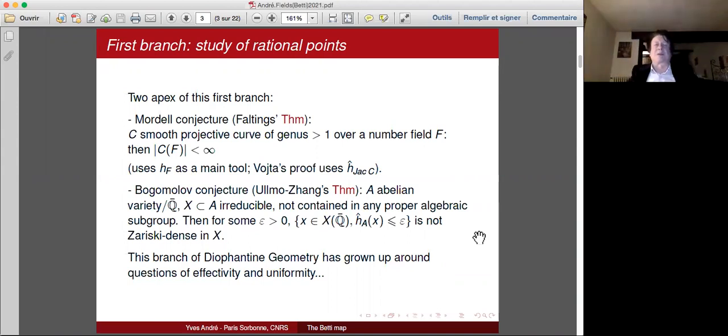The second very famous result is the Bogomolov conjecture, proved by Ullmo and Zhang in 1998.